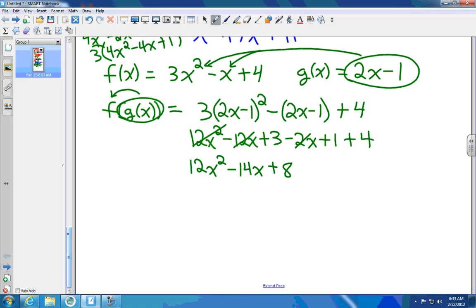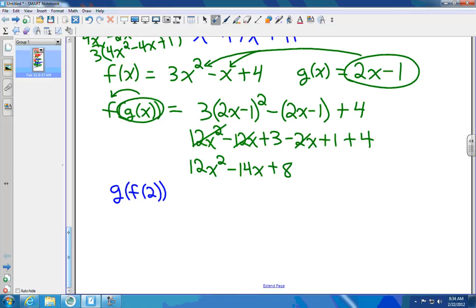So hopefully you've got the basics down for composites. They will change it up a little bit on you. And they might want you to do G of F of 2 instead of G of F of X. These are actually easier because you'll get it solved down to a number rather than having a long polynomial out there.